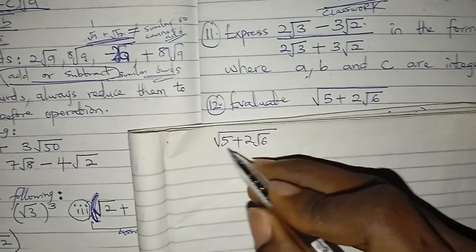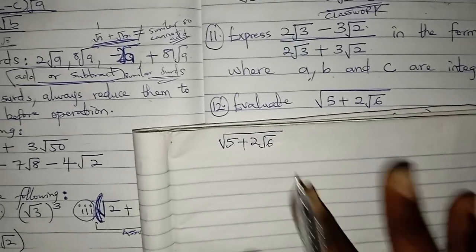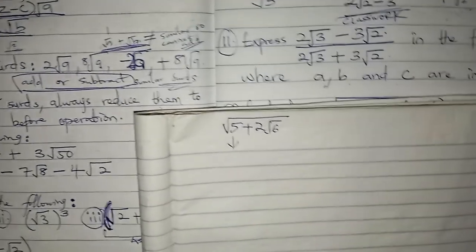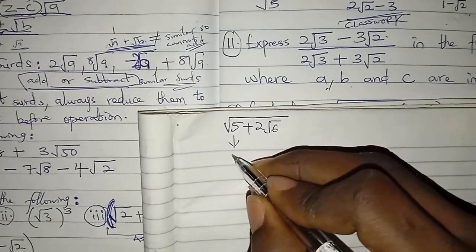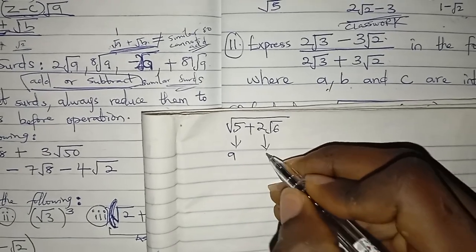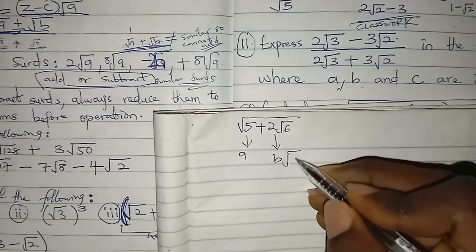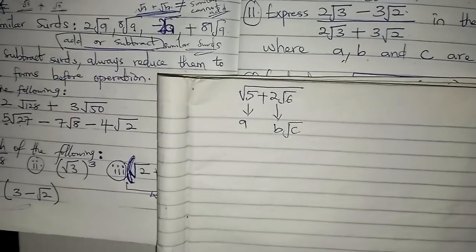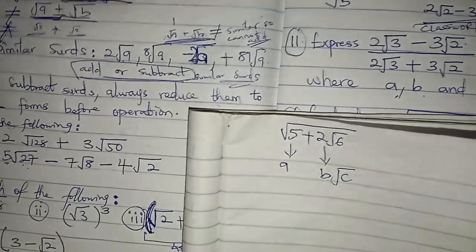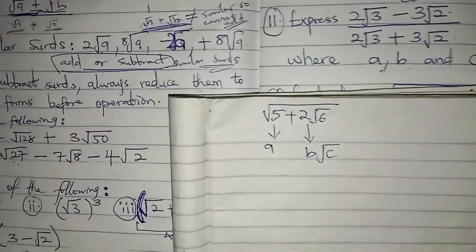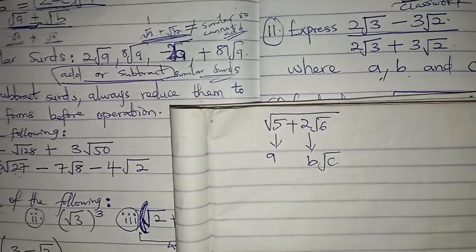Whenever I'm asked to find the root of a surd, automatically what I need to do is to make it in such a way that I am thinking of this first part to be A and this second part to be B, and this part in terms of root C. If you remember what we did earlier, the question we just finished solving. So I need to always think of it in that form. So I can just say let everything there be equals to A plus B.